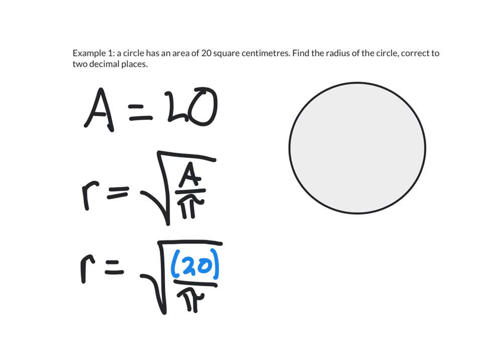And now we're asked to give this correct to 2 decimal places. So this would be our exact answer here. But we're asked to give it correct to 2 decimal places. So we're going to use our calculator to do an approximation.